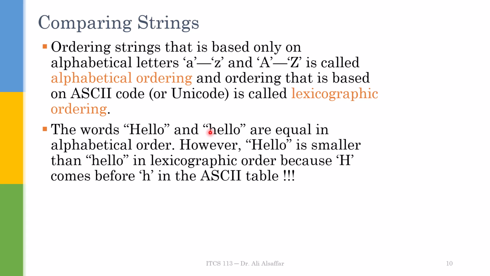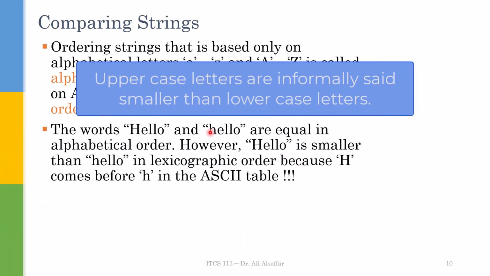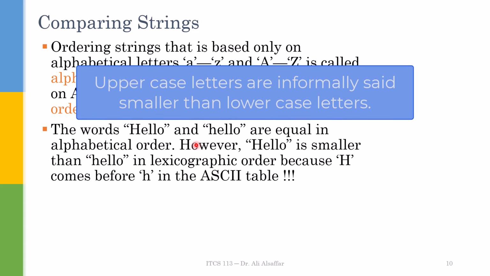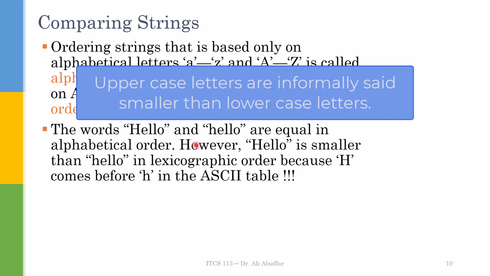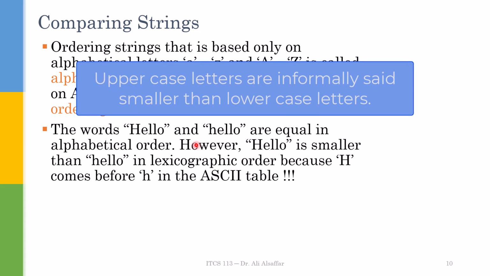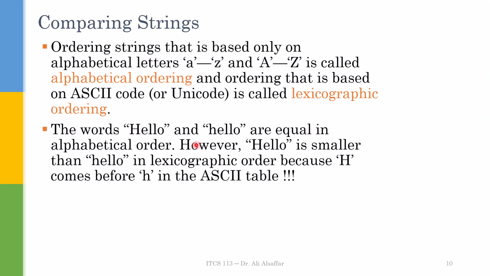In ASCII code, the thinking is the opposite: the capital letters are smaller than small letters. So whenever we have a word that has small letters, its ASCII codes will be larger than a word that has capital letters.